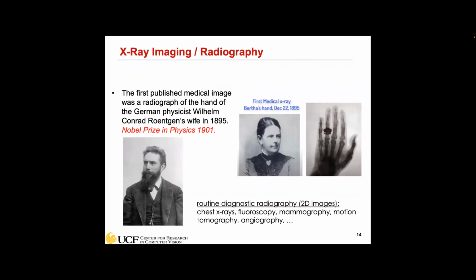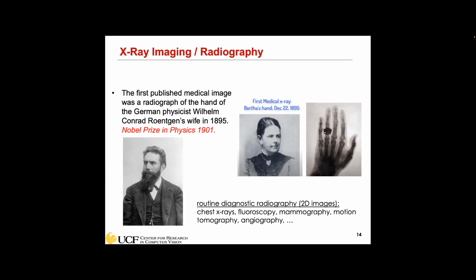Okay, so the first published medical imaging was a radiograph of the hand of the German physicist Roentgen's wife in 1895. He later won the Nobel Prize in physics in 1901. He was experimenting with cathode tubes.